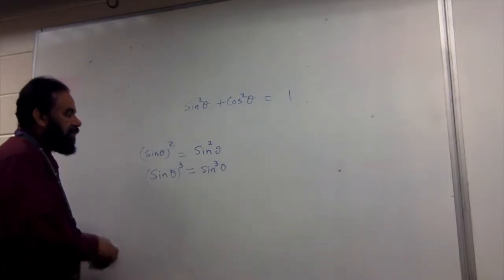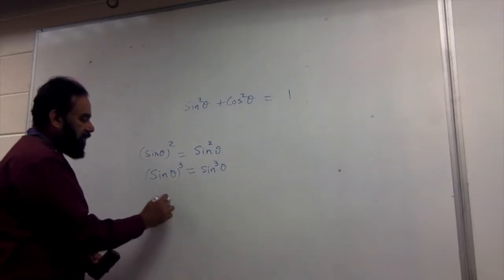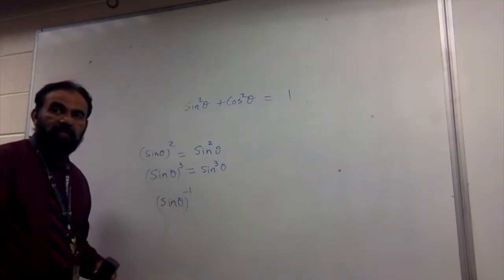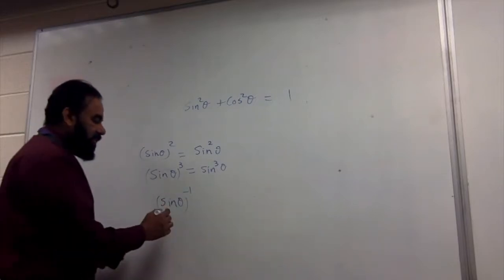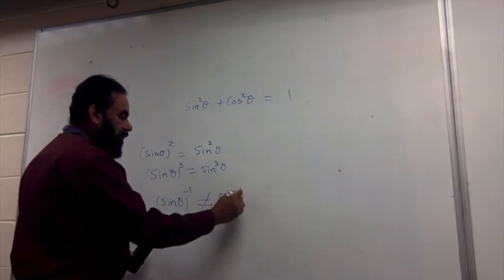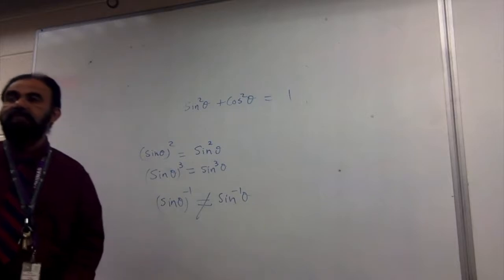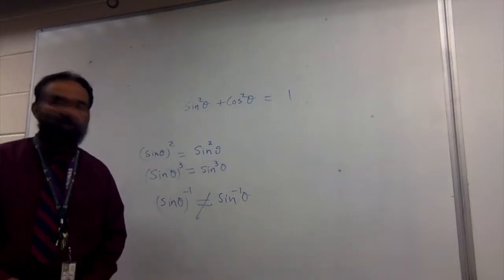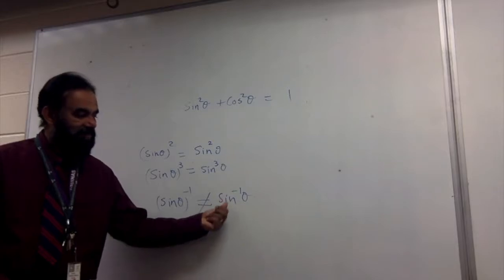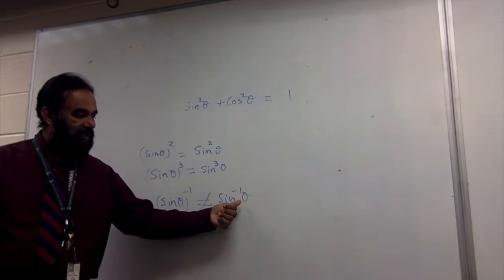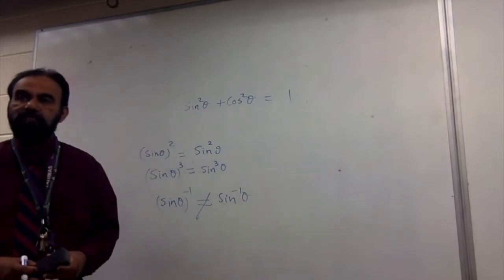But for sine theta to the power of minus half, we don't write sine inverse theta. We don't write that because this notation is kind of working backwards on the sine.